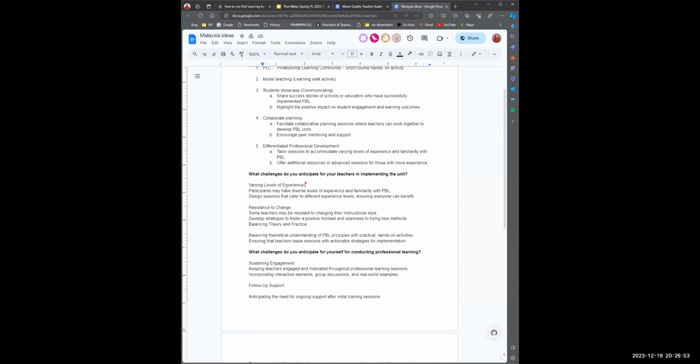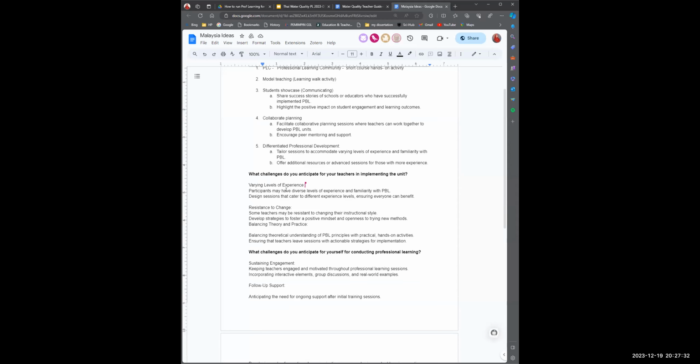So in our PLC session and workshop, we plan to emphasize collaborative planning, so that teachers can work together to develop their own PBL units. And throughout this process, we encourage regular feedback and reflection amongst us, and also perhaps networking with teachers that have successfully implemented PBL, so that we can improve our PBL lessons from time to time.